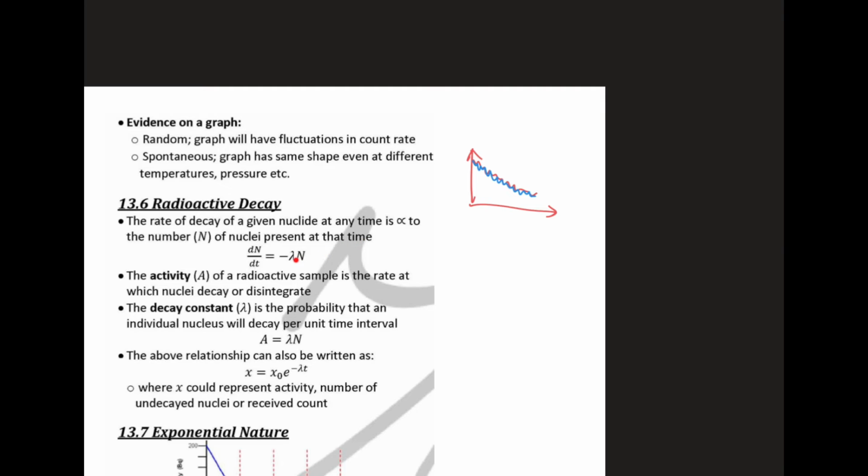So meaning that if you have more N, then you see there's a negative here. If this is big, then this is small. So I write it down first in this way. dN over dt is proportional to negative N, based on the statement there.